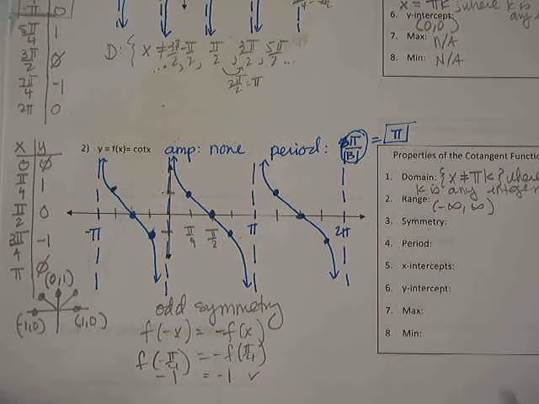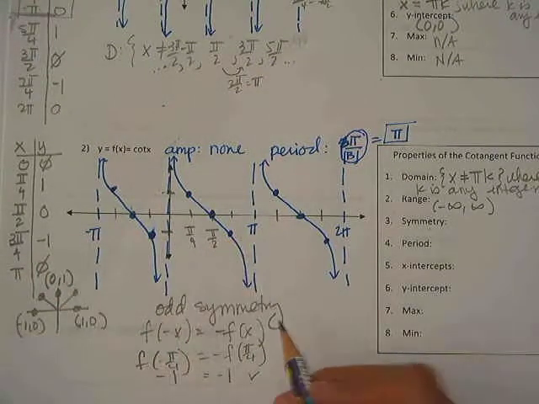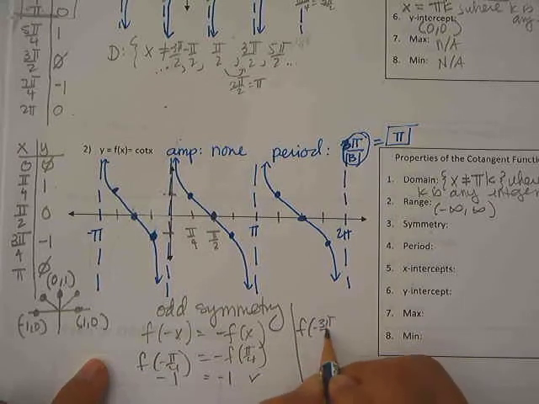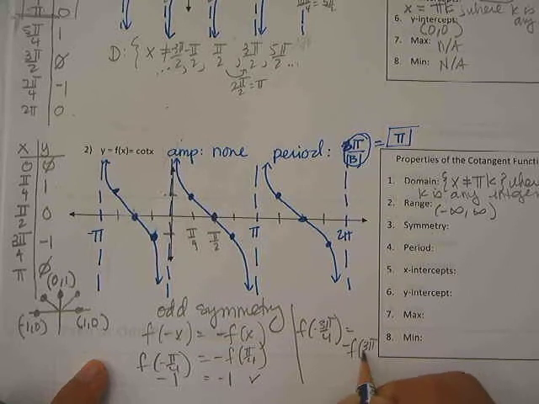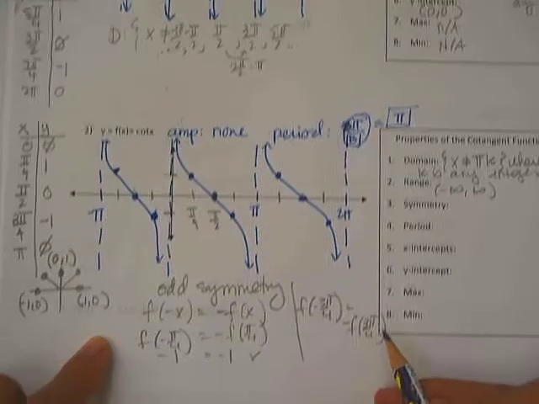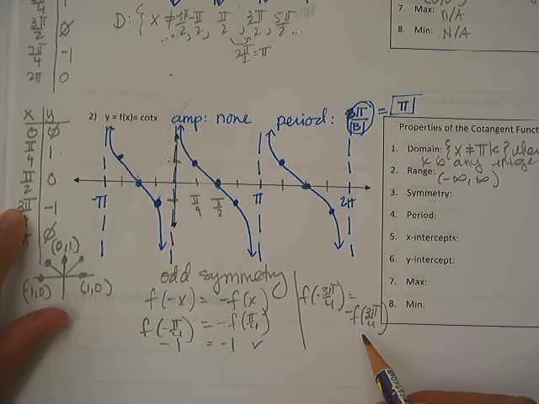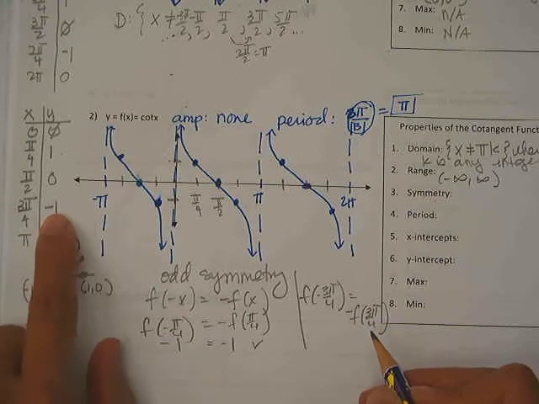Negative 1 is the same as negative 1. Check. Oh, that's just a coincidence, right? It can't be the same. How about if I go and pick 3 pi over 4? So f of a negative 3 pi over 4 should be identical to negative f of a positive 3 pi over 4. Is that true? Okay, let's check it out. I have 3 pi over 4 on my table, so the cotangent of a positive 3 pi over 4 is a negative 1.